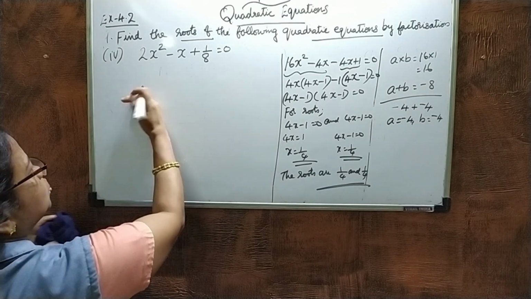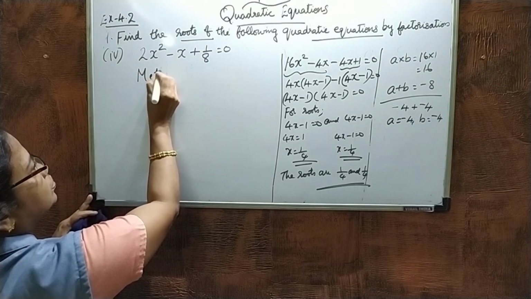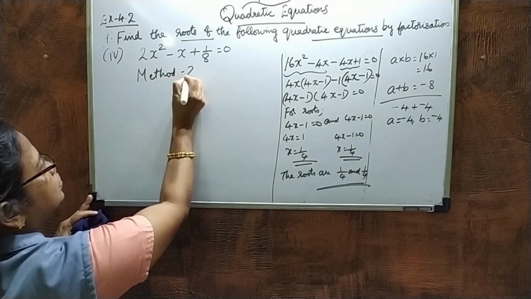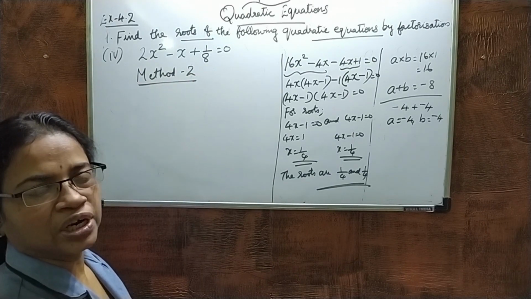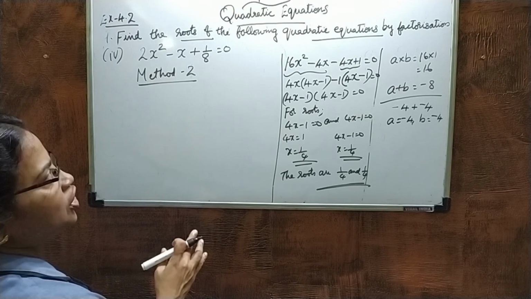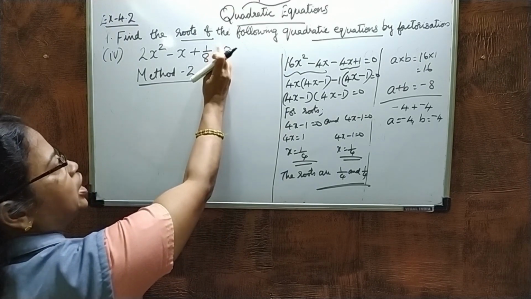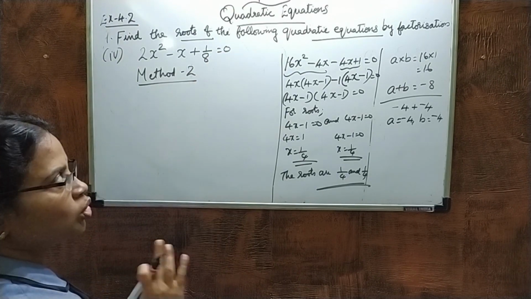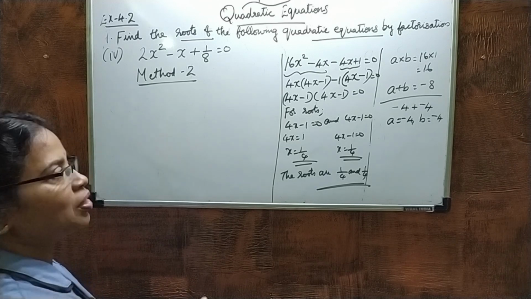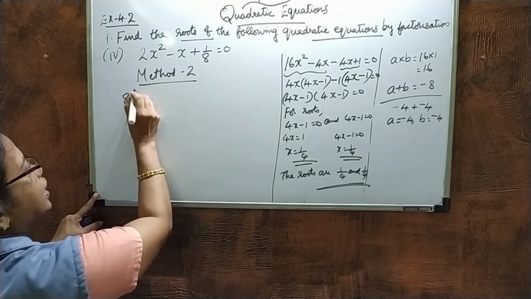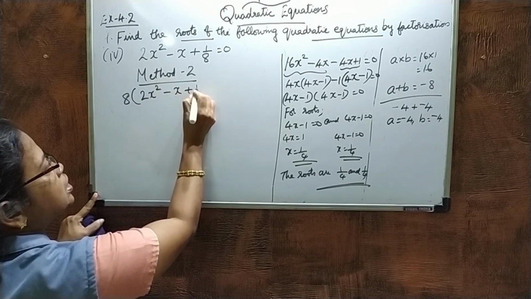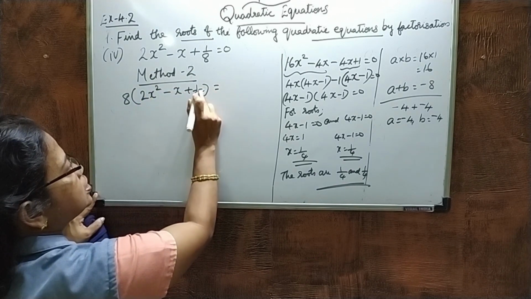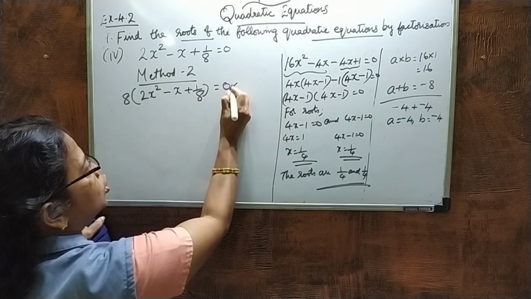So method 2 we will do now itself. Here this denominator we want to cancel. So what can you do then? If it comes to 8, it will be okay. So on both sides what should you do? Multiply with 8. So it is 8 into 2x square minus x plus 1 by 8 equals 0 into 8.